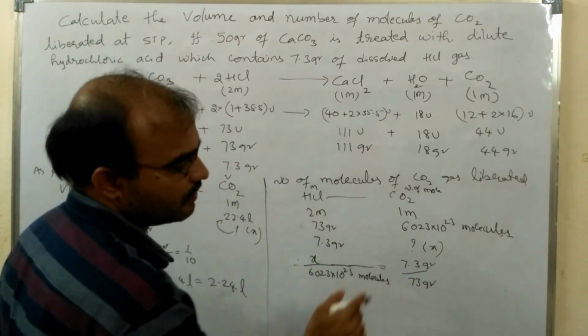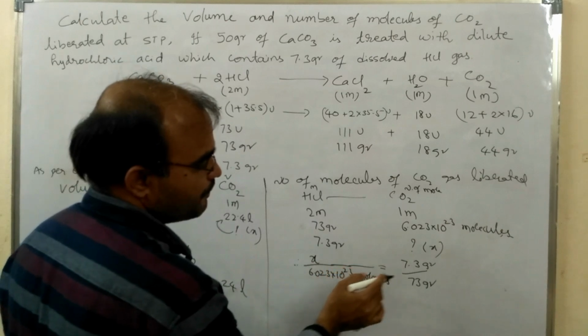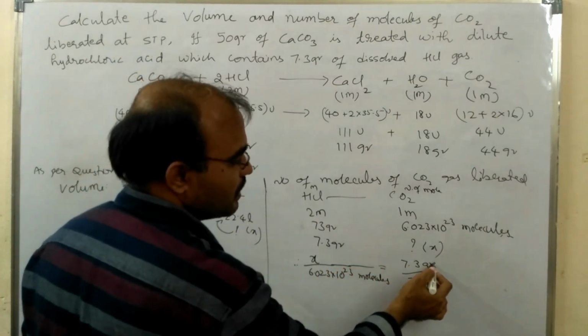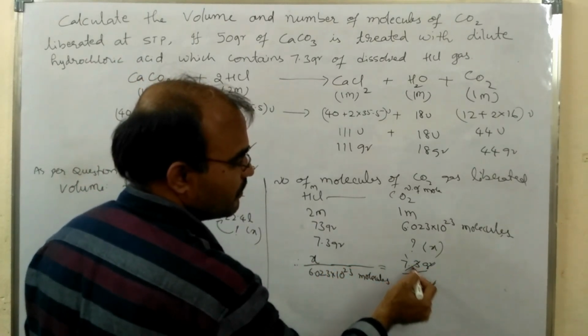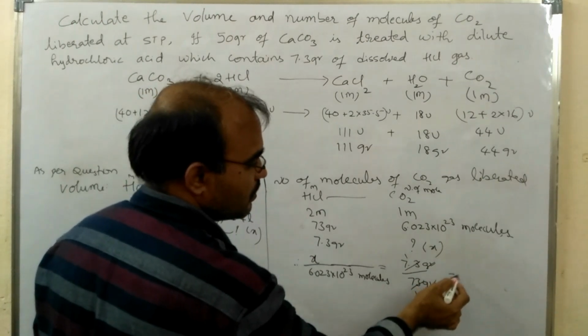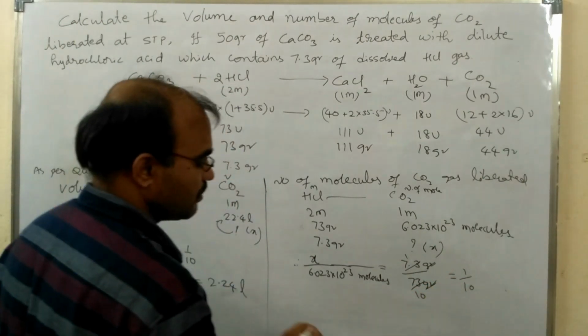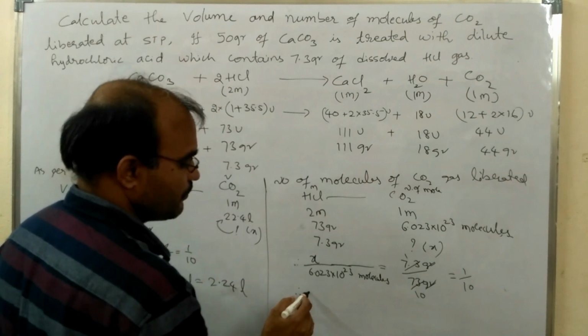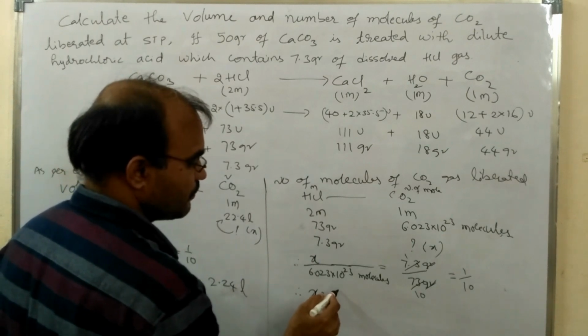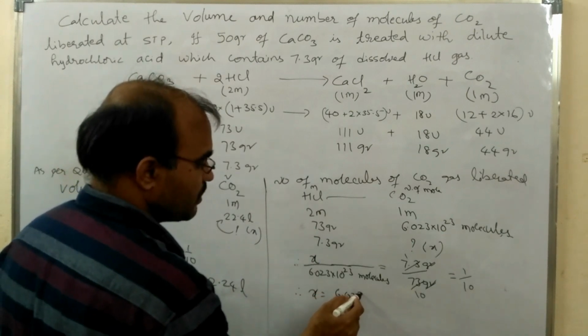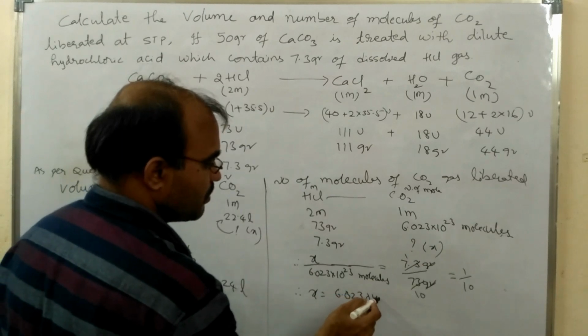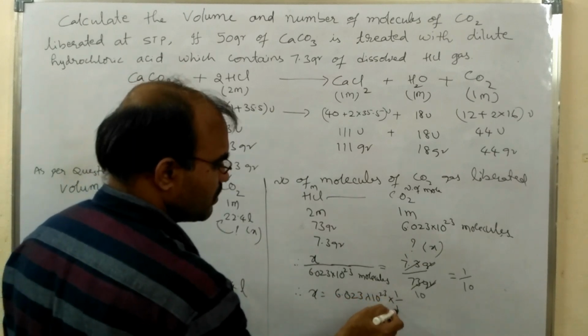I think it is clear for you, right? Same grams cut. 7.3, ones, tens. It is 1 by 10. Therefore, x is equal to 6.023 into 10 power 23 into 1 by 10.